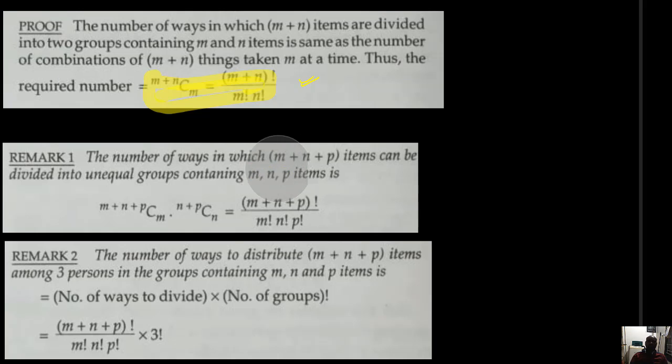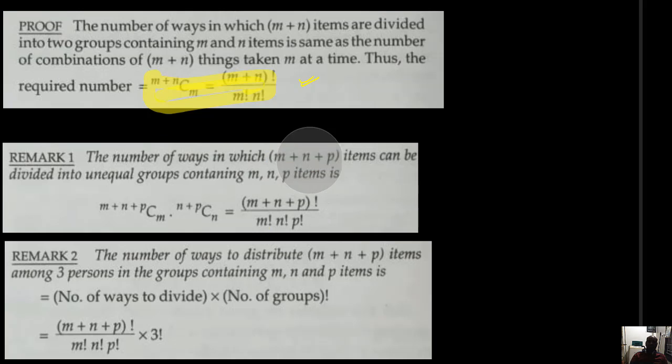You people should remember like this. Students, listen. M plus n plus p things are given. We want to make a group of 3, each containing m, n and p respectively. How many ways you can divide, you can say (m plus n plus p) factorial by m factorial into n factorial into p factorial.